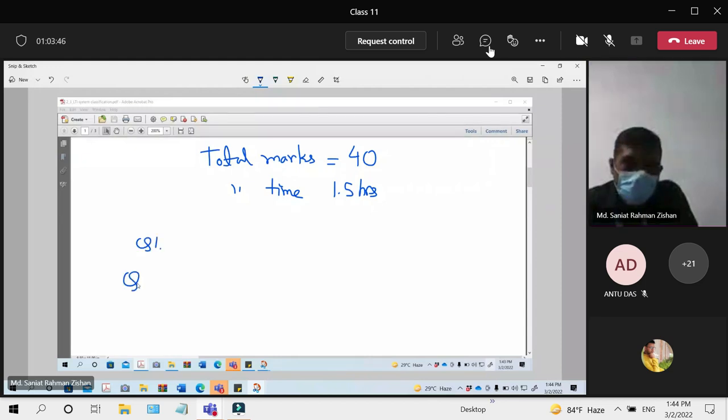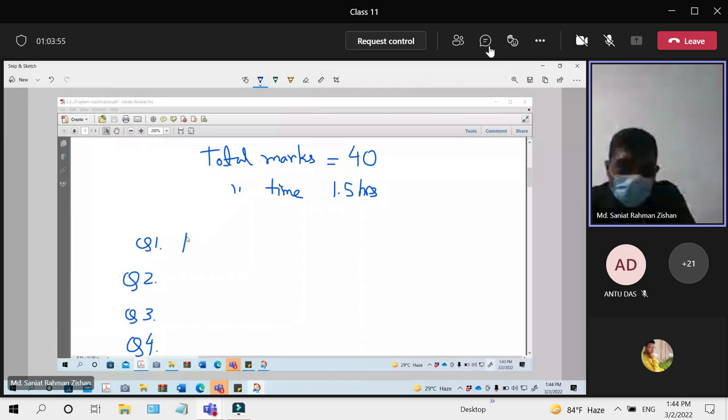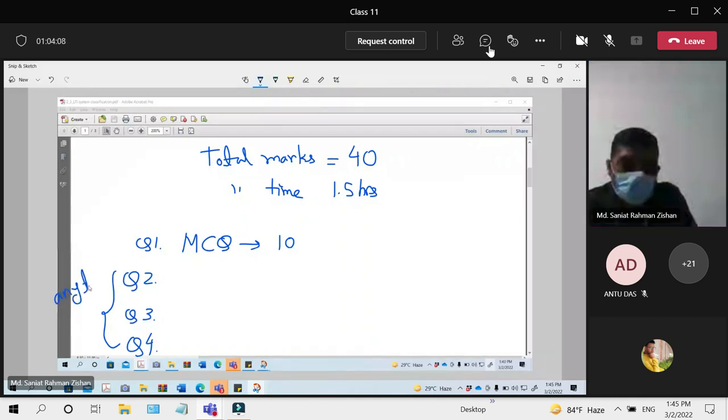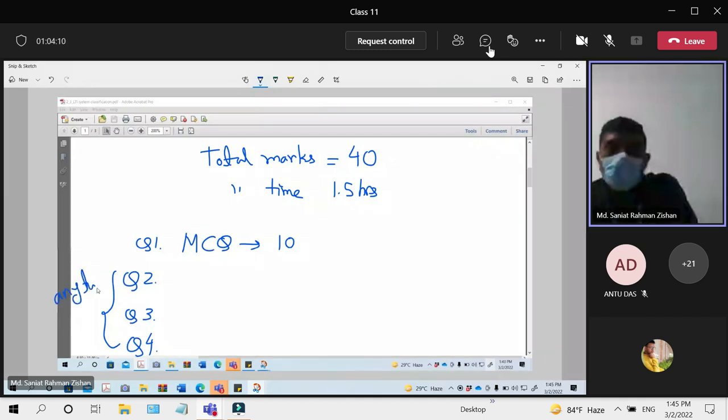Question 1, question 2, question 3 and question 4. Question 1 is mandatory. That will be based on MCQ and the total marks will be 10. Out of question 2, 3, 4, you can answer any 2. In each question there will be 2 parts.